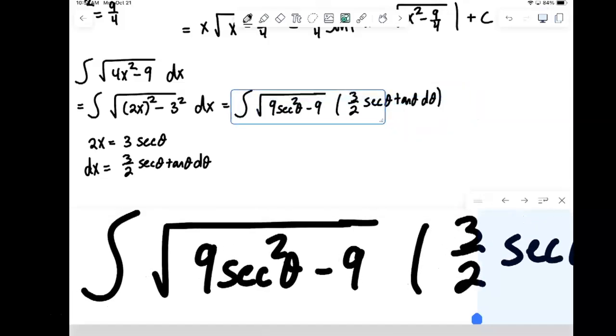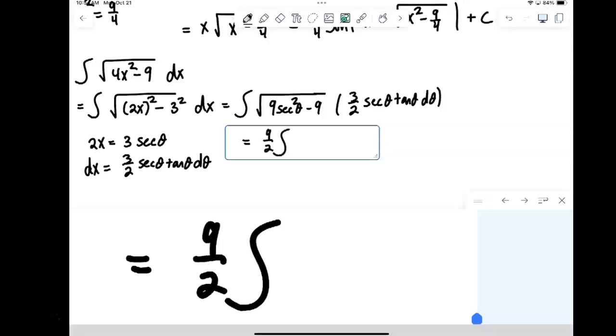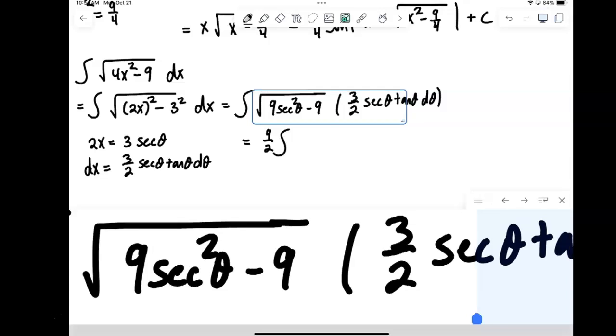But remember that with this 9 secant squared minus 9, you can factor the 9 out. We have the square root of 9, which is 3. That'll join with the 3/2. So I'm going to put all that out front, 9/2. And then that would be secant squared minus 1. But secant squared minus 1 is tangent squared. So we'd have a tangent squared inside the square root. Square root of tangent squared would be tangent.